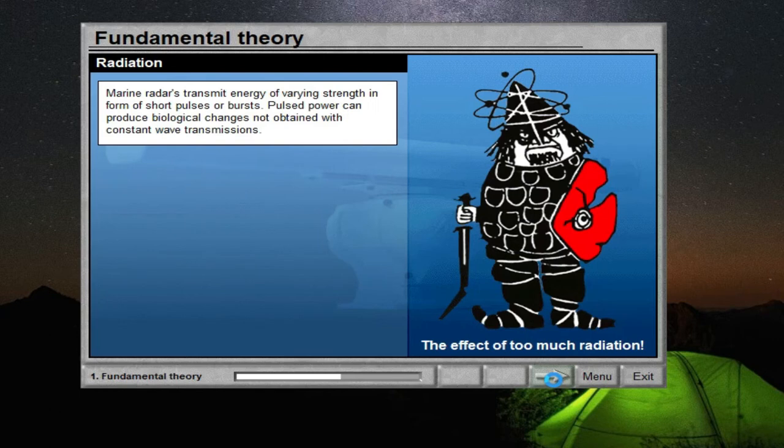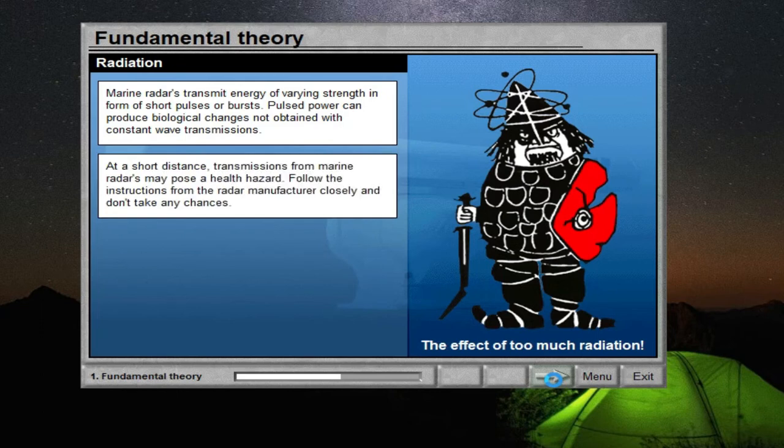Marine radars transmit energy of varying strength in form of short pulses or bursts. Pulsed power can produce biological changes not obtained with constant wave transmissions. At a short distance, transmissions from marine radars may pose a health hazard.